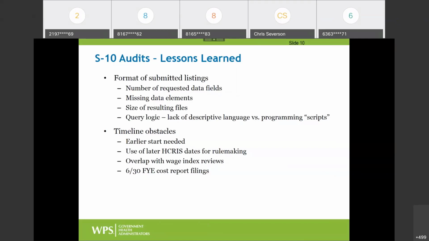Before I get to the timeline obstacles, I just wanted to stress the importance of furnishing as complete a data set as we can at the outset for those things I mentioned, because there's a reason why CMS included those in the template. Any of those pieces that are missing represent some additional risk from our perspective.